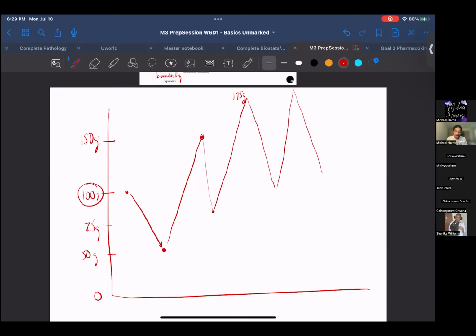Now, if I affect this, which is your half-life or how fast you clear the drug, if I increase this, do I have to give the drug more or less?